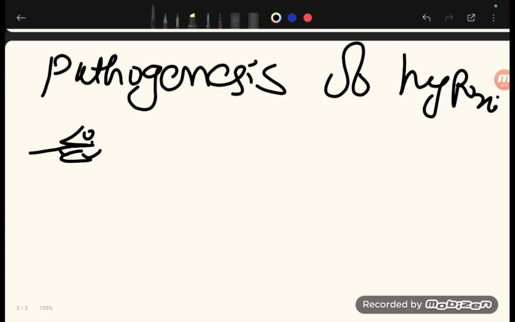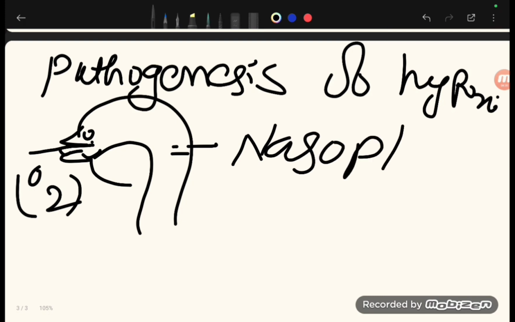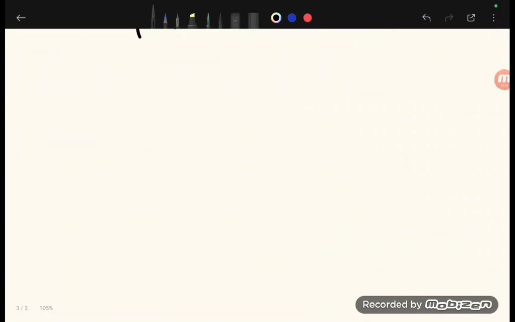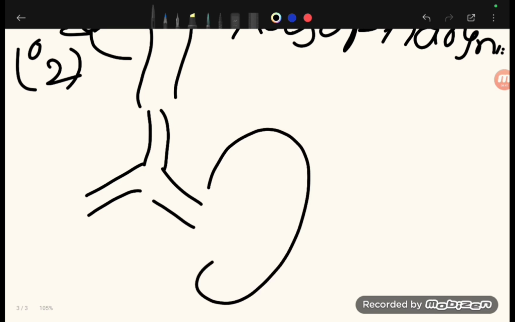Through the nostrils, oxygen enters the nasopharynx, then through the trachea it enters the lungs.